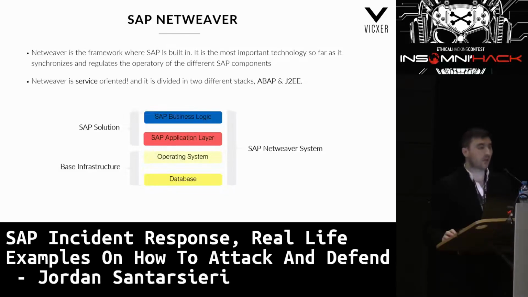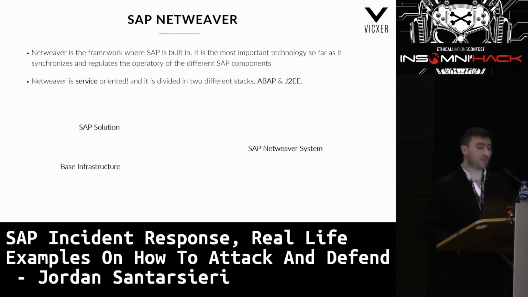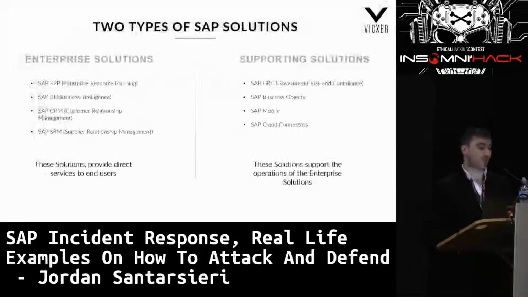This NetWeaver framework will regulate how SAP will always operate with the operating system and how SAP will always connect to the database. Then, what you put on top, the business logic, will determine if you are actually dealing with an ERP system or a CRM system.